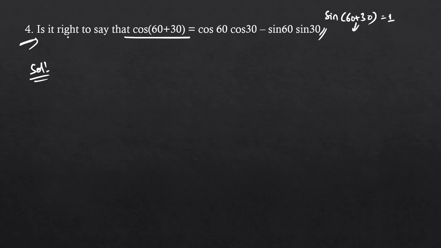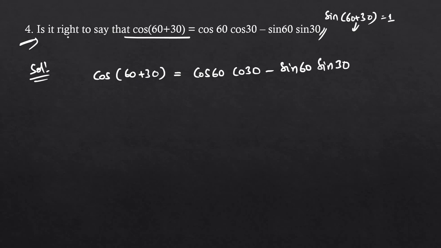Now the given question is cos 60 plus 30 equal to cos 60 cos 30 minus sin 60 sin 30. So for cos 60 plus 30, we can take cos 90 here. Cos 60 is equal to how much?